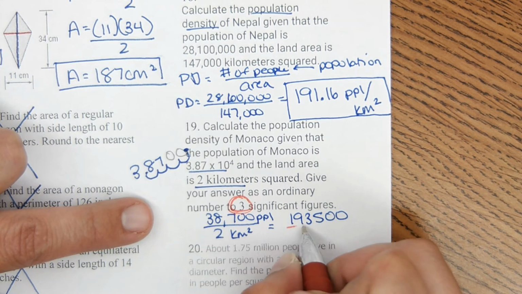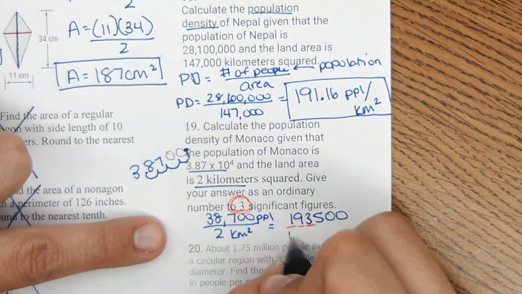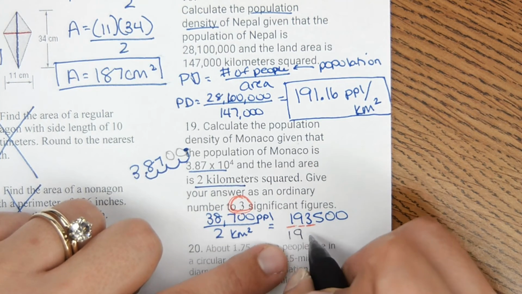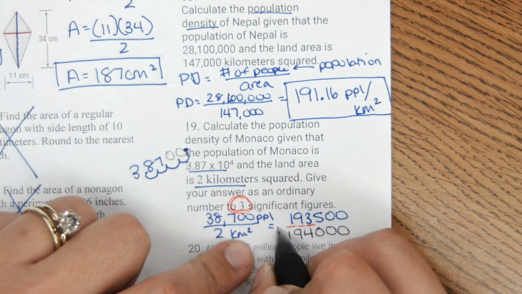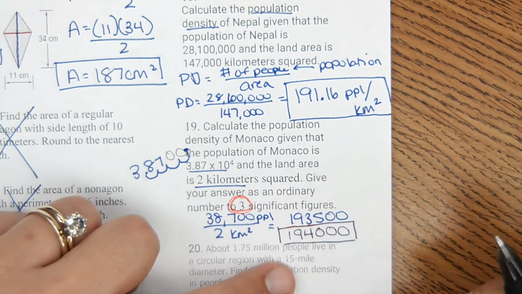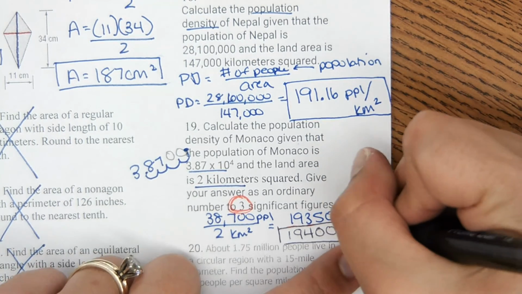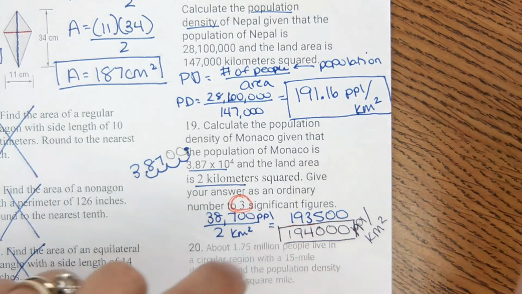So 3 significant digits would be these first 3, 1, 9, and then this last digit rounds up or down based on the number next to it. So it would round up to 4. And then you fill in zeros for the rest. So 194,000. And the unit for that would be people per kilometer squared.